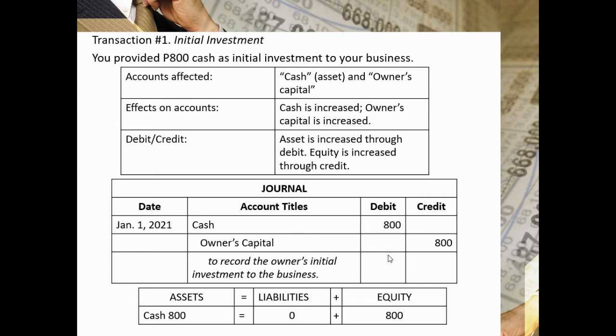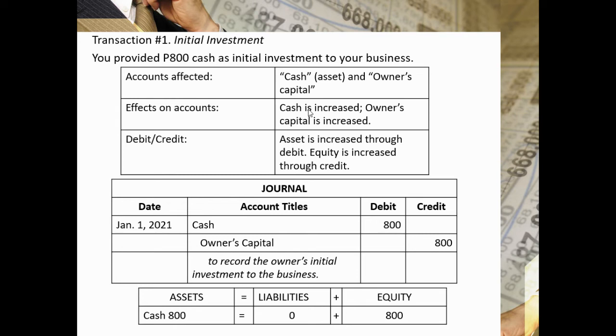And of course, kapag nagkaroon kayo ng mga future quizzes, ang given lang ay itong transaction na to, yung you provided 800 cash as initial investment to your business. But the analysis should be done by you, of course. Paano mo siya i-analyze? Kailangan mong i-check kung ano yung mga accounts na maapektuhan, anong effect niya sa account, increase ba or decrease.